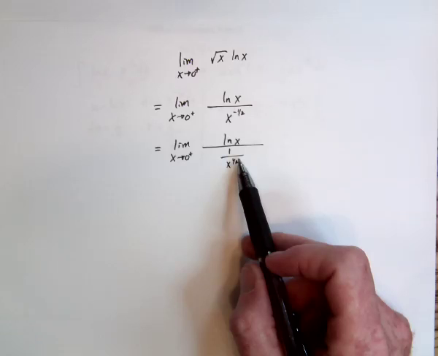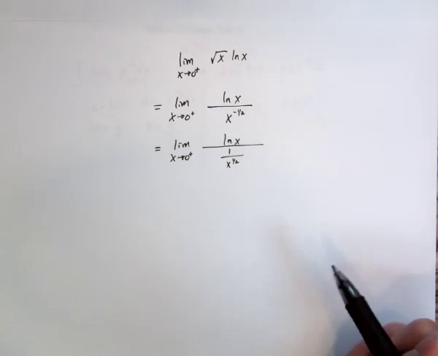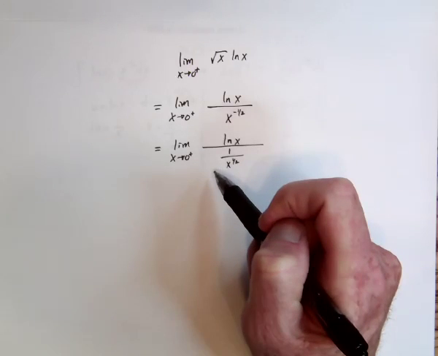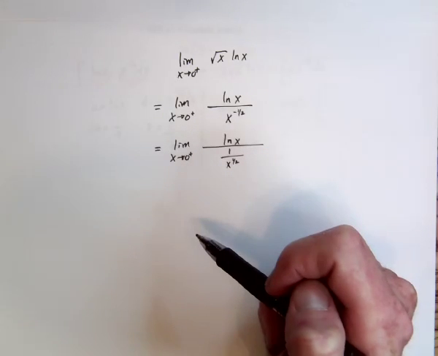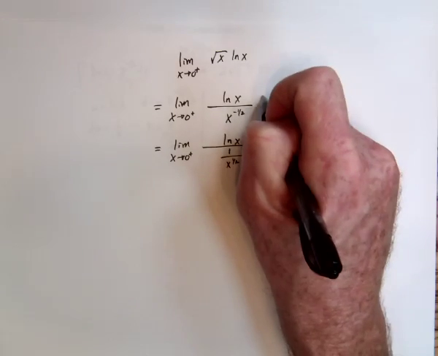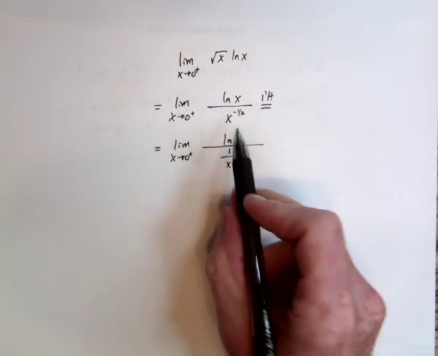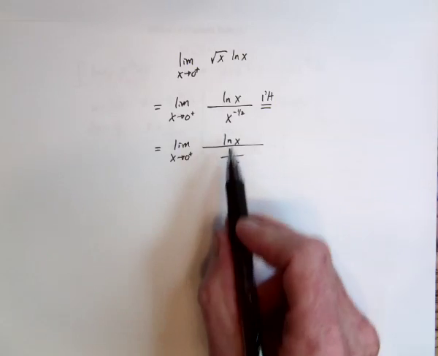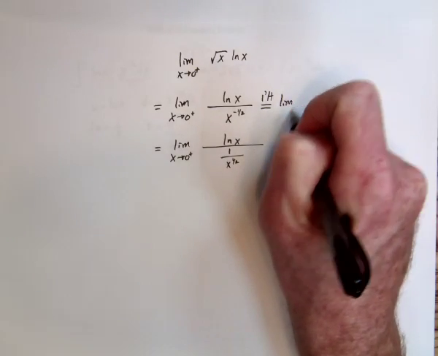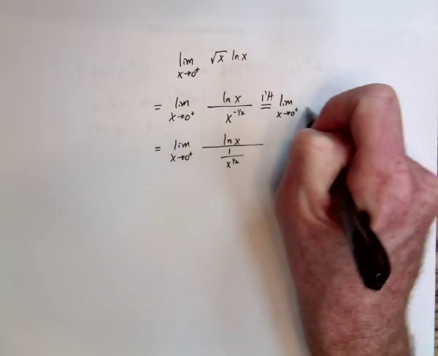That means you can use L'Hopital's rule. L'Hopital's rule then says, okay, go ahead and take the derivative here, take the derivative here, and then find out what's happening as x approaches 0. Well, for that, I'm going to use this one, because to take the derivative, it's easier in this form than in this form. So using L'Hopital's rule, I would have the limit as x approaches 0.